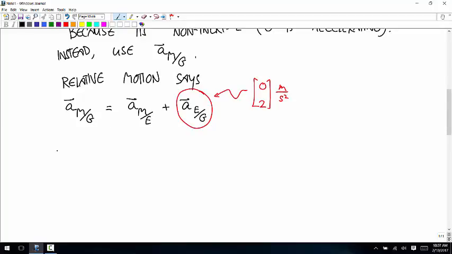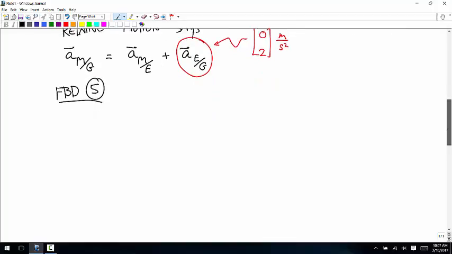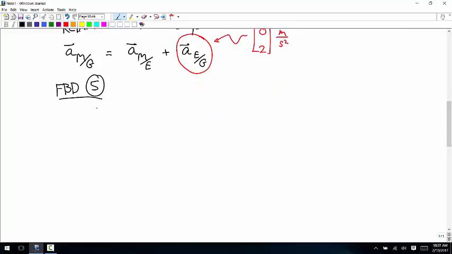Okay, so let's draw a free body diagram of the 5 kilogram mass. There's a cable tension up and a weight force down of 49.05.